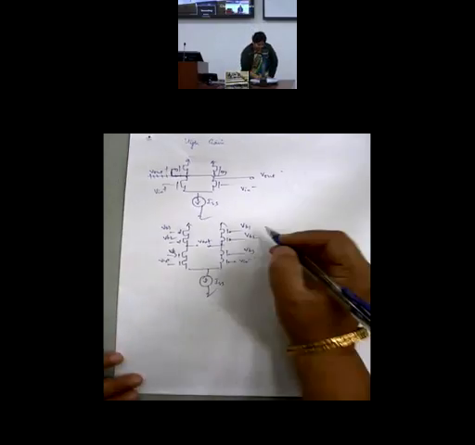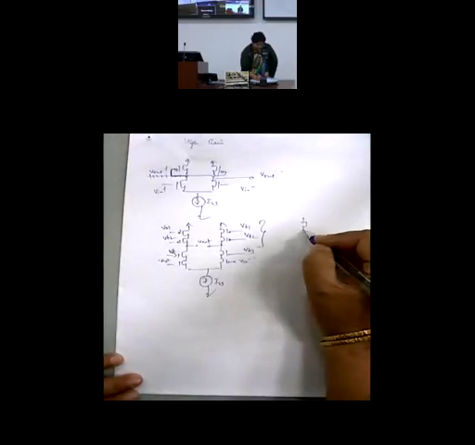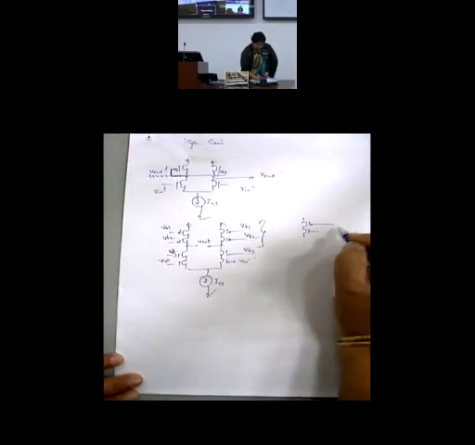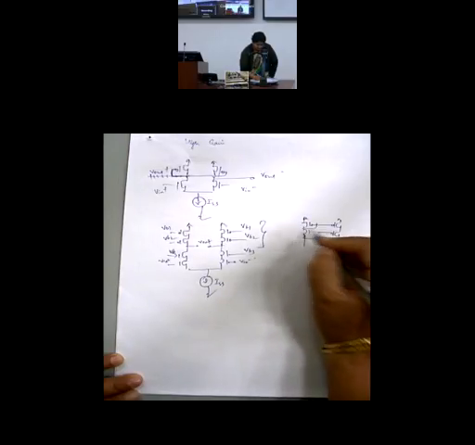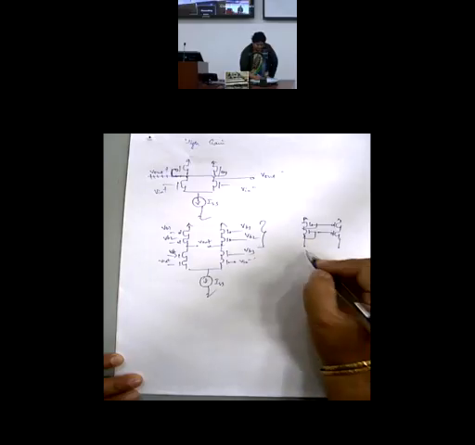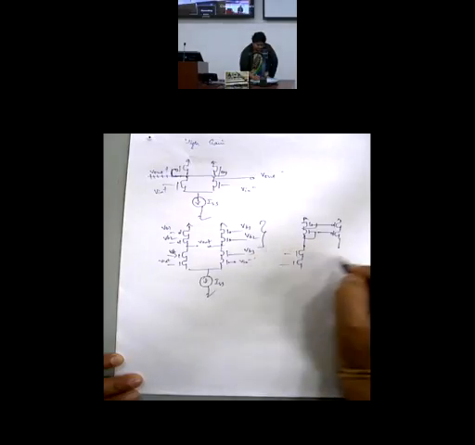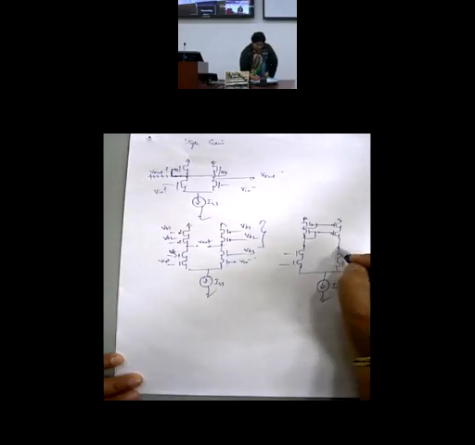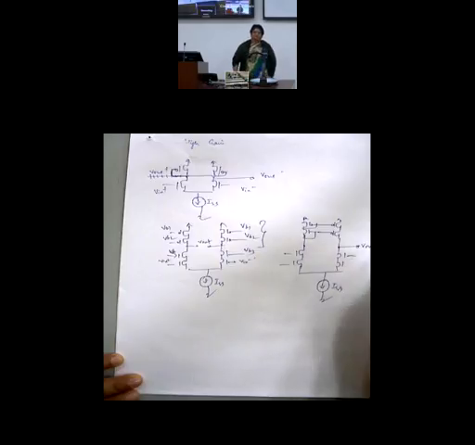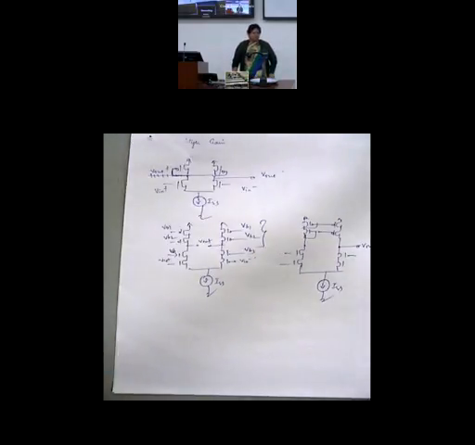Similarly, this section will become a cascode current mirror load. So I need to make it a cascode, and here you would have 2 NMOSes. This is ISS. So this would be the single-ended output if you go in for cascode.